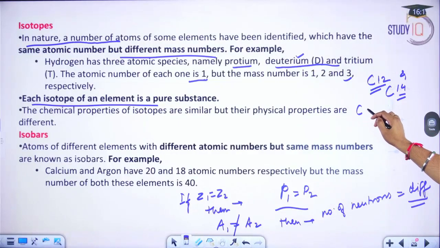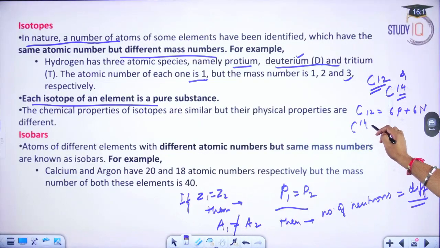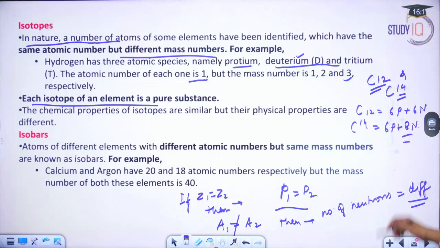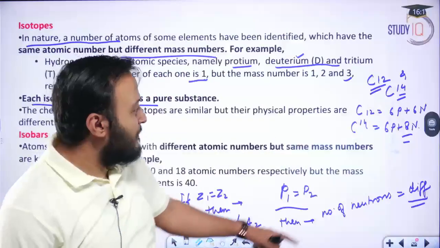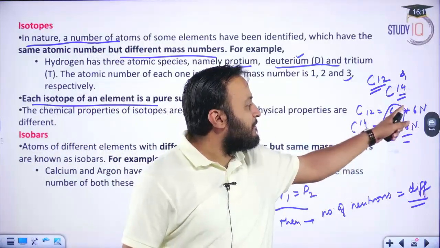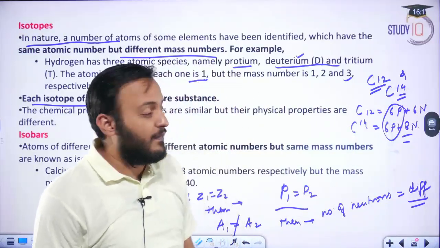C12 is equal to 6 protons plus 6 neutrons. C14 is equal to 6 protons plus 8 neutrons. Okay, 8 neutrons. Remember, protons is same, but neutrons different, which means isotope.